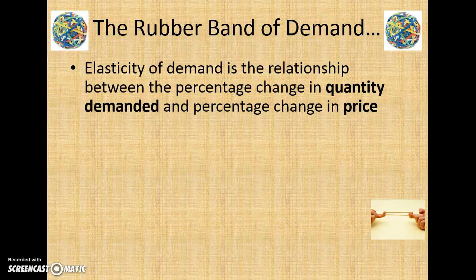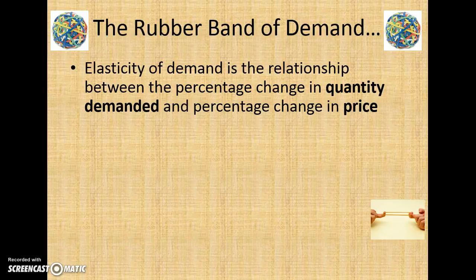This is where things get a little complicated. Elasticity is kind of the stretching. What elasticity is, it means something that stretches, something that's elastic. Elasticity of demand is a relationship between the percentage change in the quantity demanded and the percentage change in price.